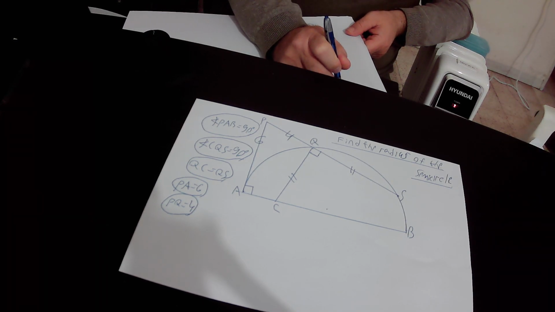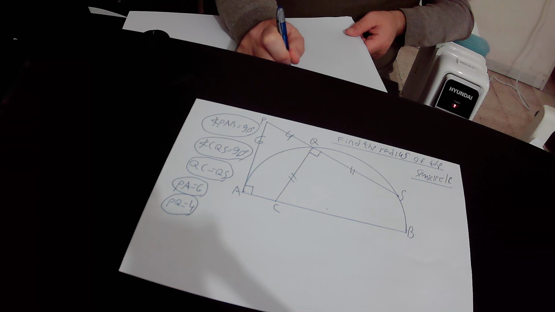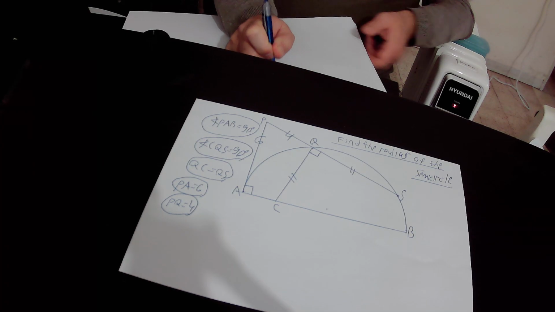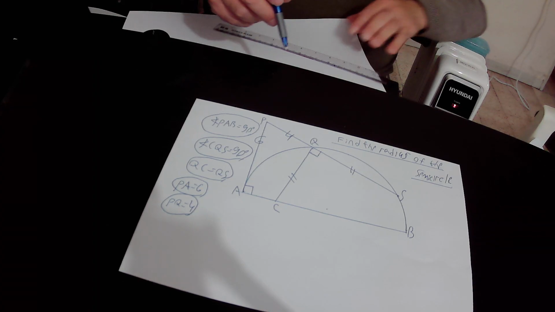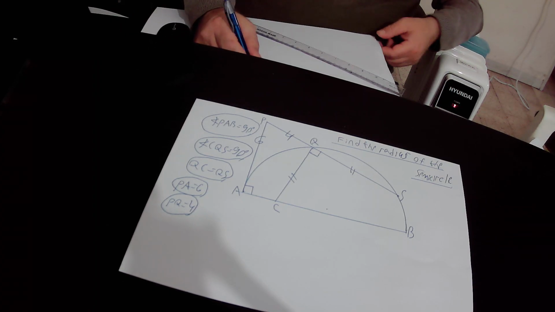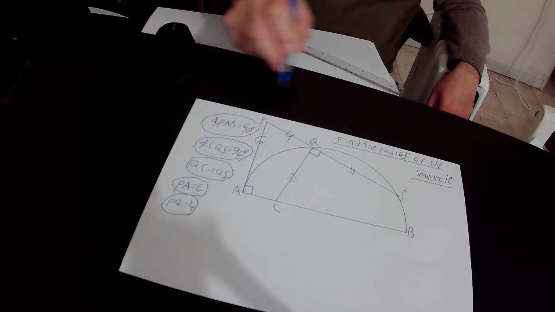And according to rule number 10, PA squared equals PQ times PS.